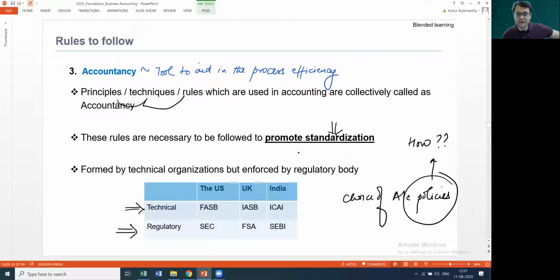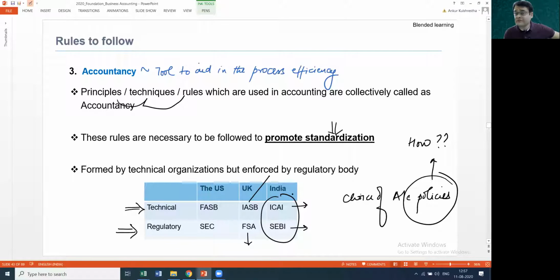And the regulatory body in the Indian context, let's say for listed companies, is the Securities and Exchange Board of India. In the context of rule making, it's the Institute of Chartered Accountants of India. In the case of the UK, it is the IASB, the best in the world at making brilliant standards. And the Financial Services Authority is like what you have for SEBI.